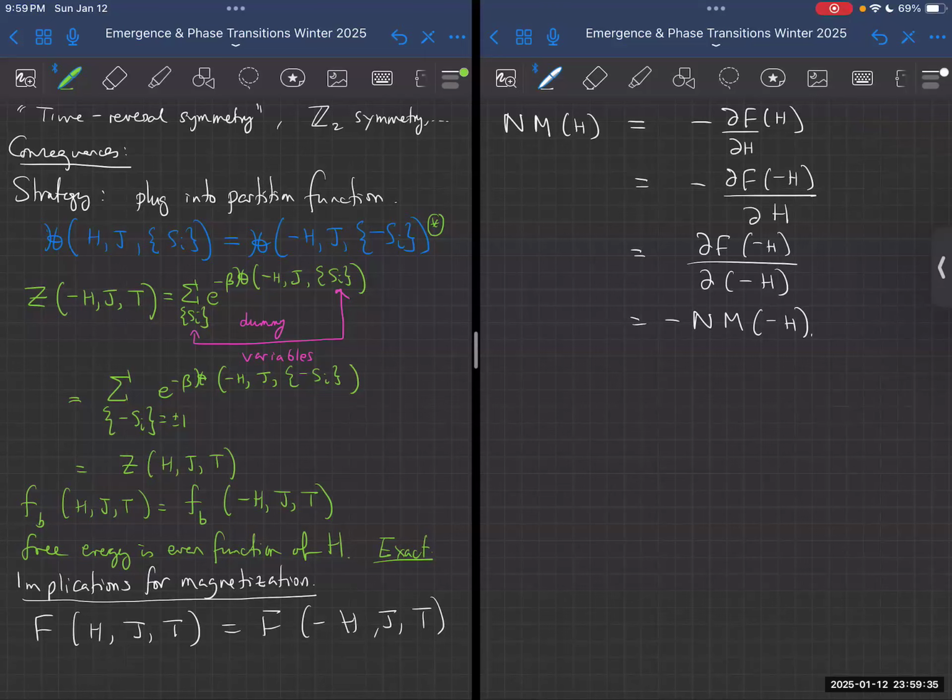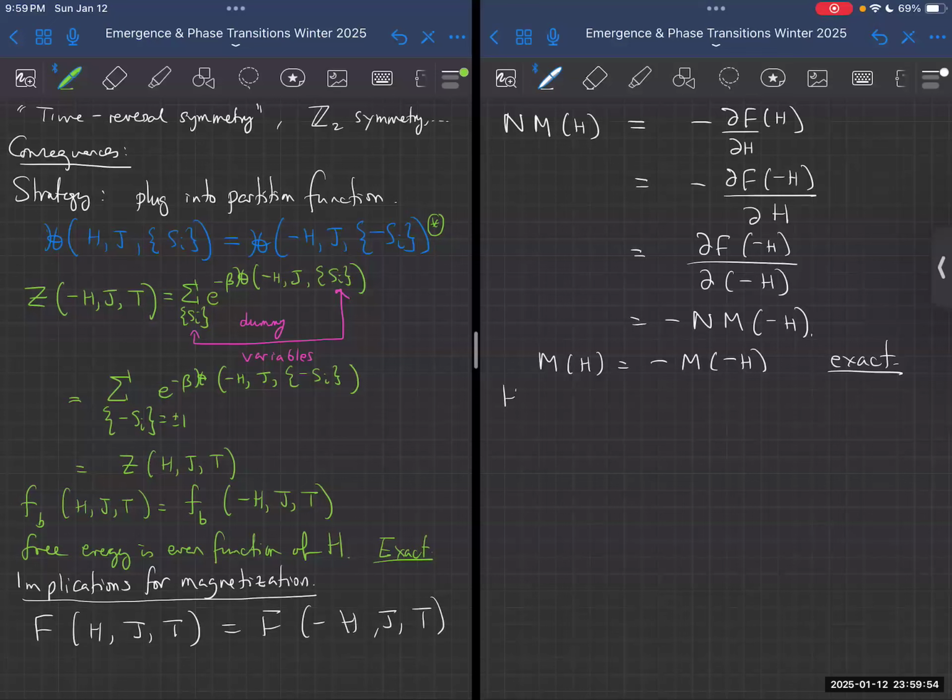So what I've just proved to you is that m of h is equal to minus m of minus h. And that's an exact statement. Okay, so the magnetization is an odd function of h.